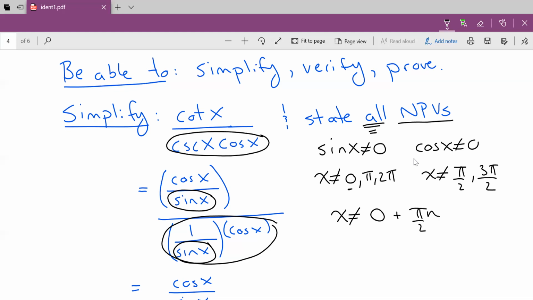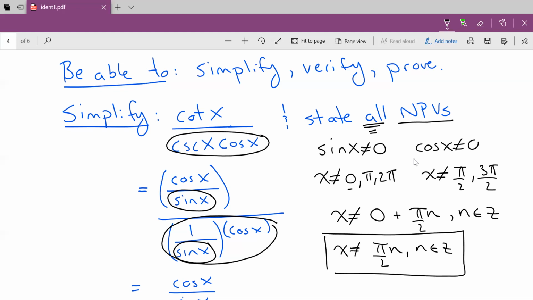So pi half n, n a member of the integers. And now, do I really need that 0 there? No. I don't mind it. It doesn't bother me. But most people wouldn't write it that way, I don't think. And there's the formula for all of my non-permissible values.